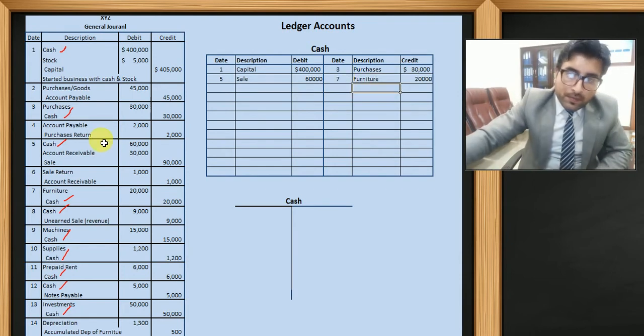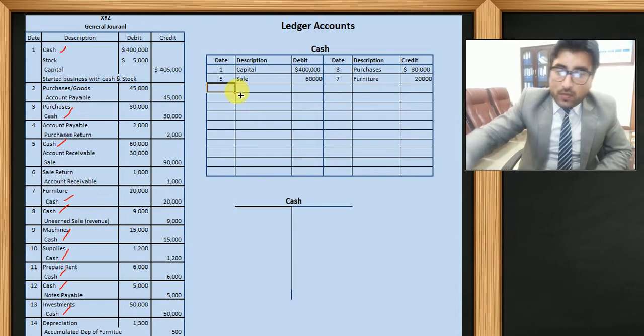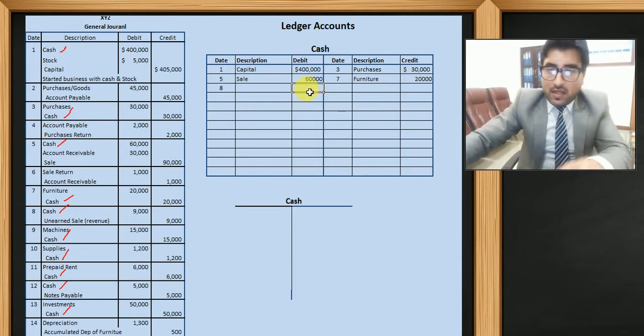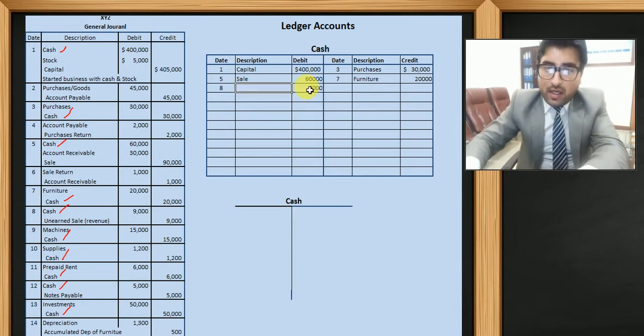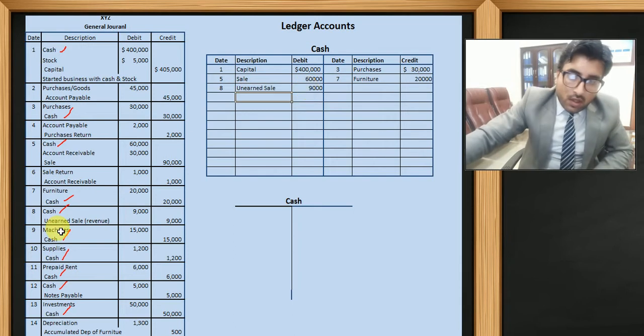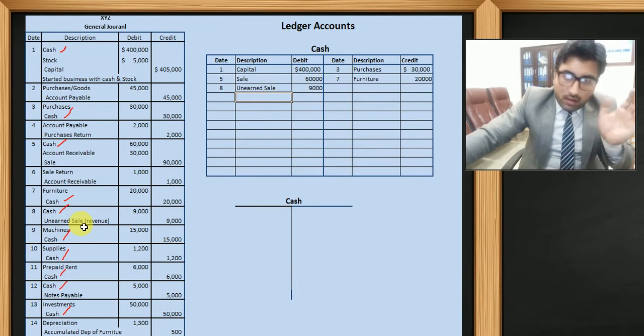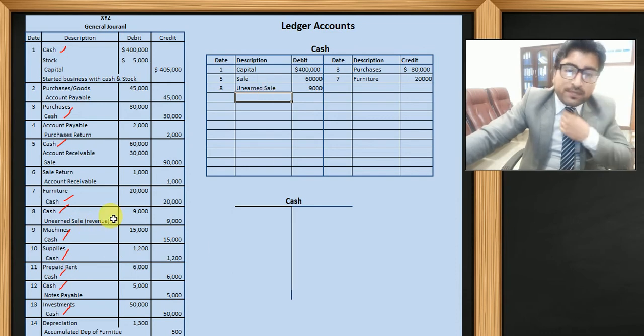Next, date 8. The cash account is debited $9,000 because of unearned sale. Here the reason you put is the credit, because for the debit the reason is credit, and for the credit the reason is debit. Mention the reason in the description simply.